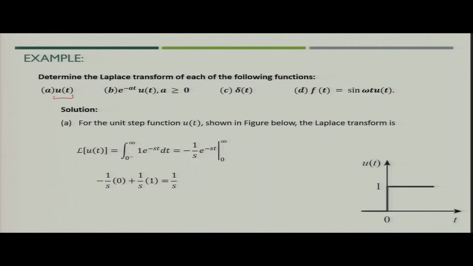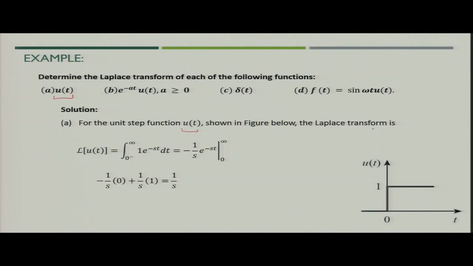First, let us say the unit step function, that is u(t). We have to find the Laplace transform of the unit step function. This is the unit step function. Its value is 1 for time t greater than 0, and it is 0 for time t less than 0.